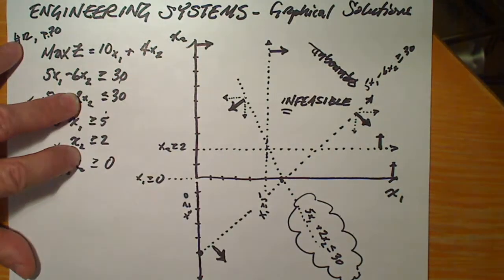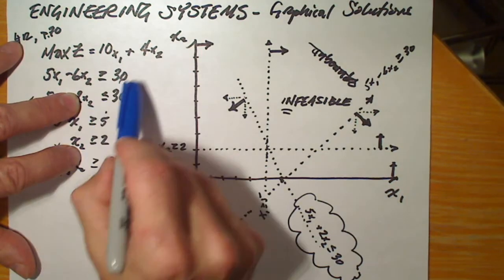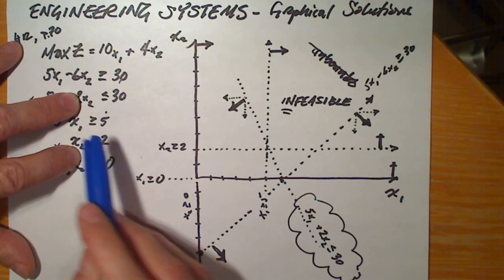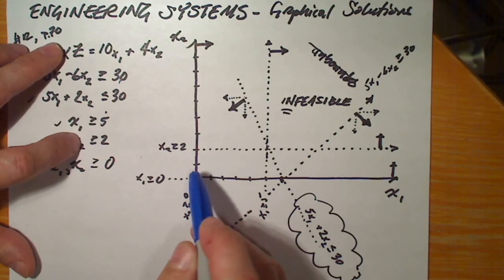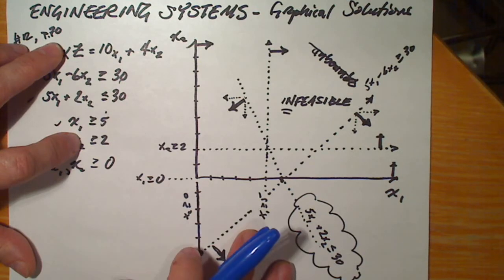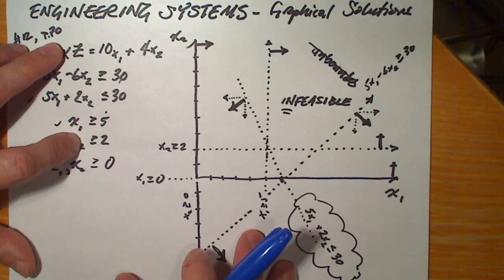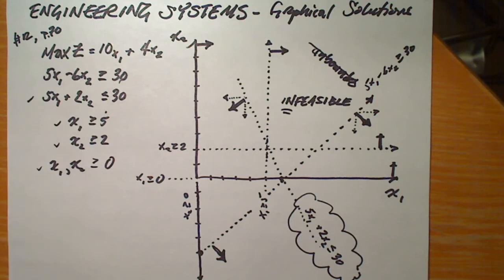For example, suppose x1 equals 0 and x2 equals 0. Then we would find that z equals 0. We could create all the other combinations of x1 and x2 that satisfy the equation z equals 0.